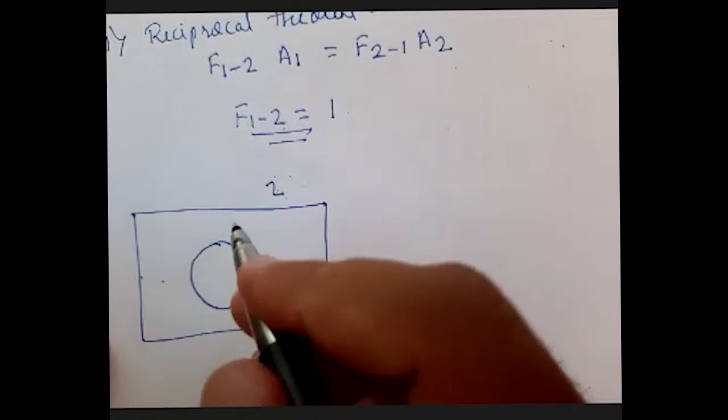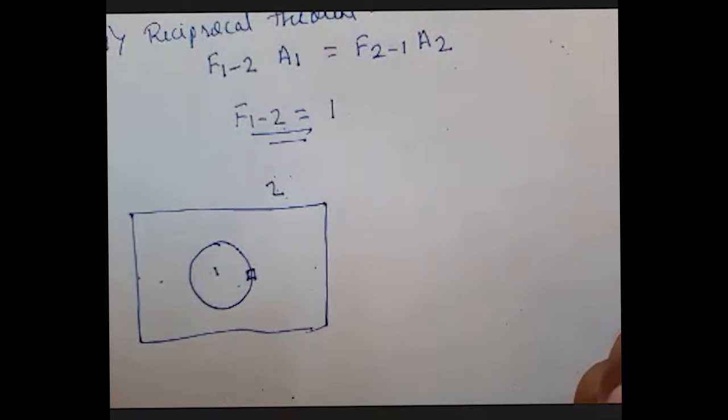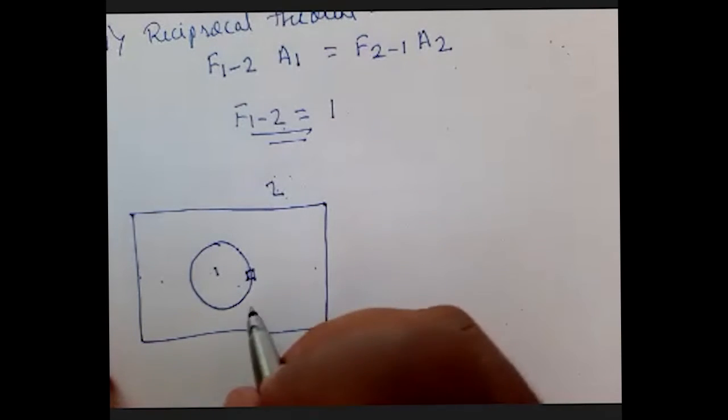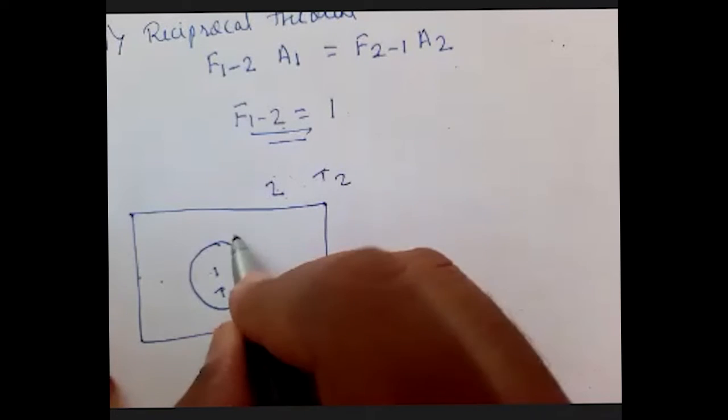This convex surface I call surface 1, and let me consider a small portion of it which is maintained at temperature T1, and this other surface is maintained at temperature T2.